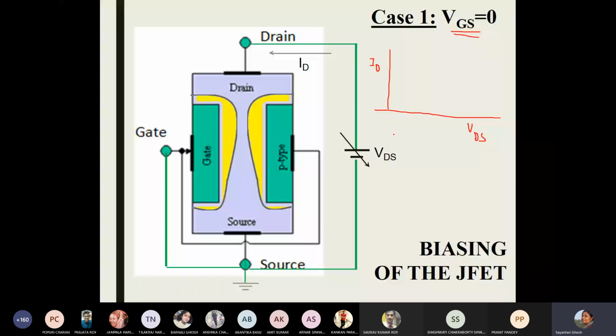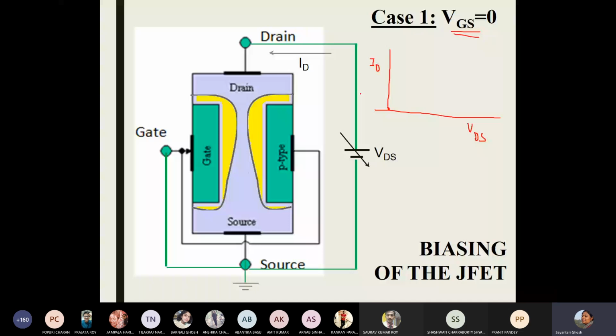So what will happen? When I start from 0, no voltage applied, so no attraction for the electrons, right? No current is flowing, so the graph starts from 0, 0. No force to pull the electrons towards the drain terminal, no current.